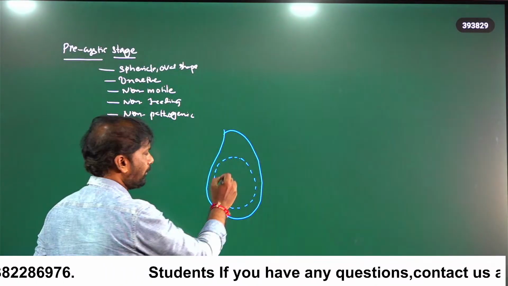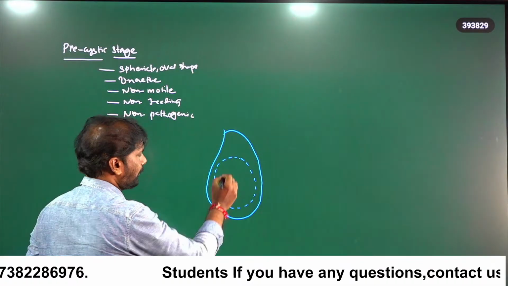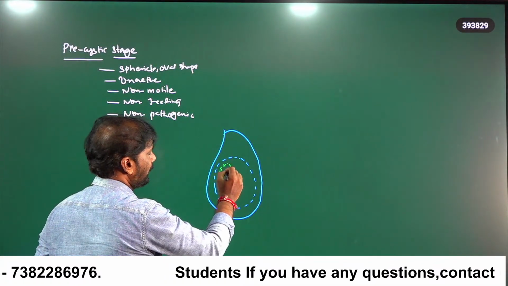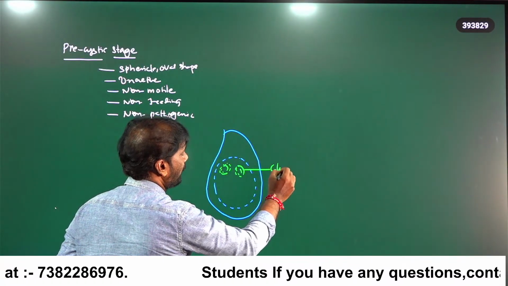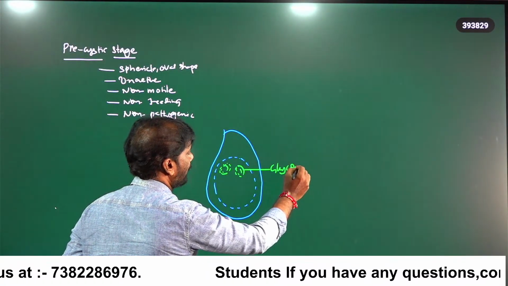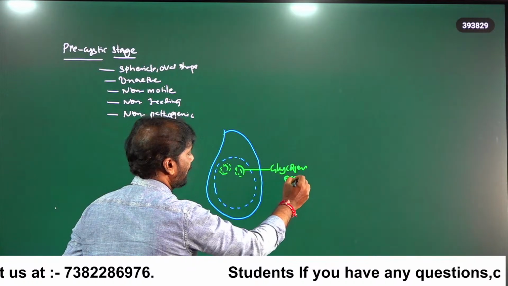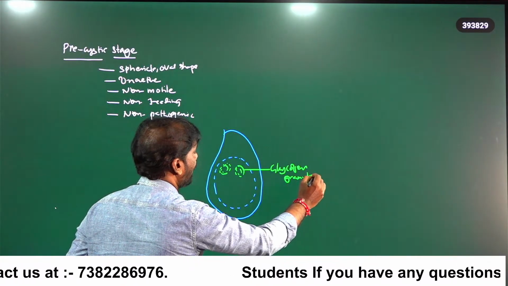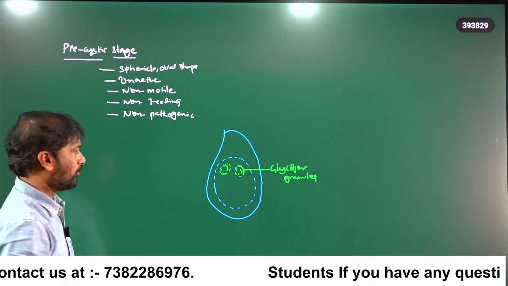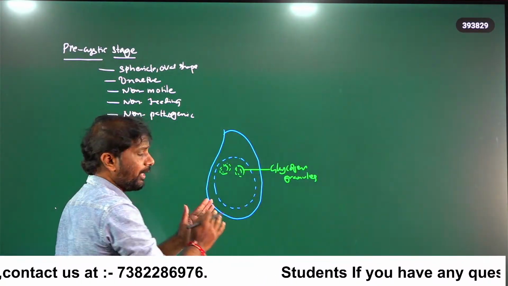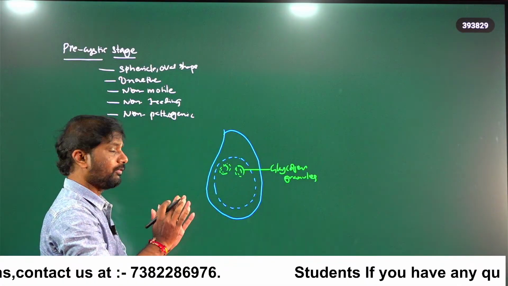In this endoplasm, granules are present, the glycogen granules. These glycogen granules give energy to the pre-cystic stage. Around it there is no cyst, so that's why it is called a pre-cystic stage.